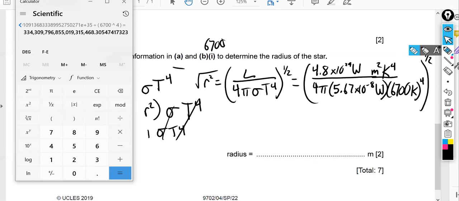So I get the answer that's underneath the radical, right?